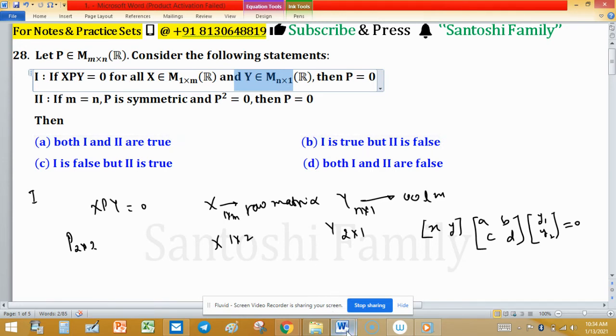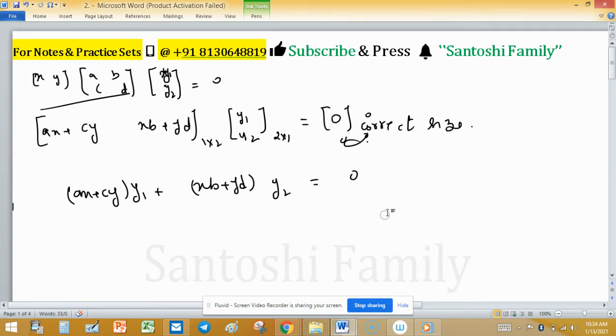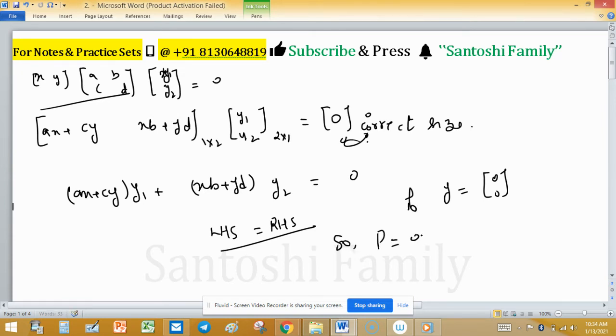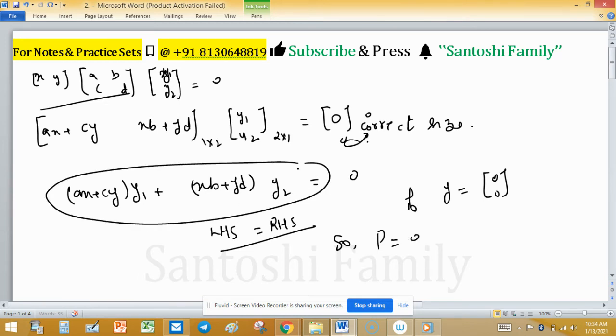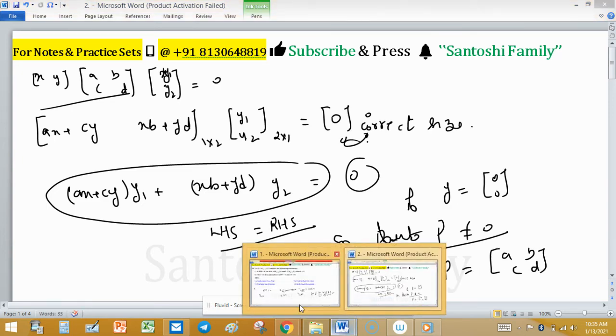But if I choose y as 0 0, then the left hand side is equal to the right hand side, but P is not equal to 0, as I usually consider a, b, c, d as matrix P. So statement first is false here.